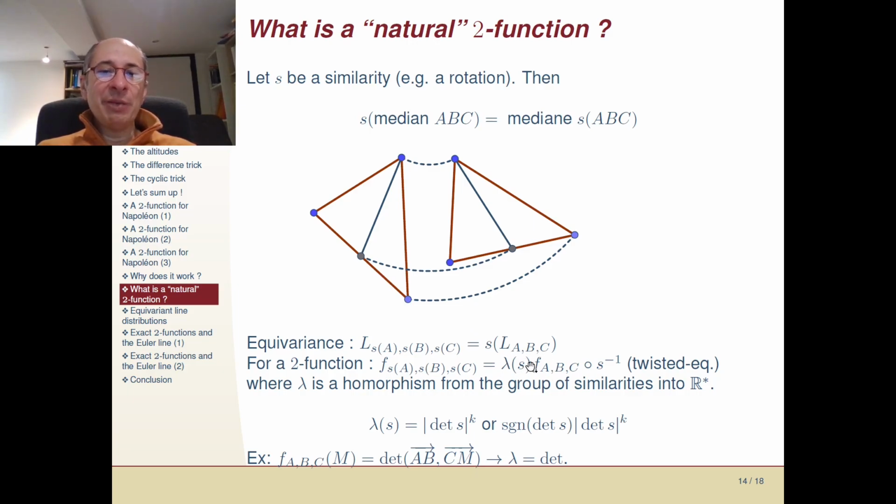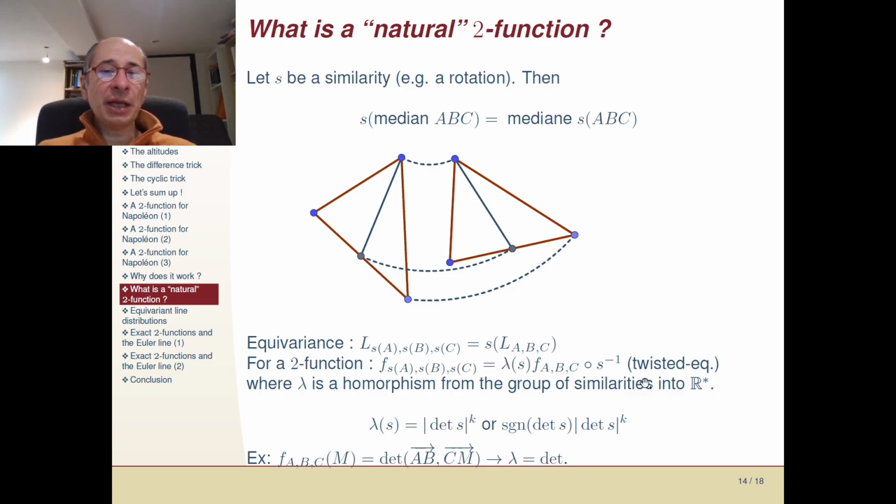But it's maybe too strong a requirement, because we can as well multiply the function by some non-zero real factor. And this non-zero real factor, which I call lambda S, will have to satisfy some property with respect to the composition of similarities, and this property is just that lambda must be a group homomorphism from the group of similarities to the non-zero real numbers.